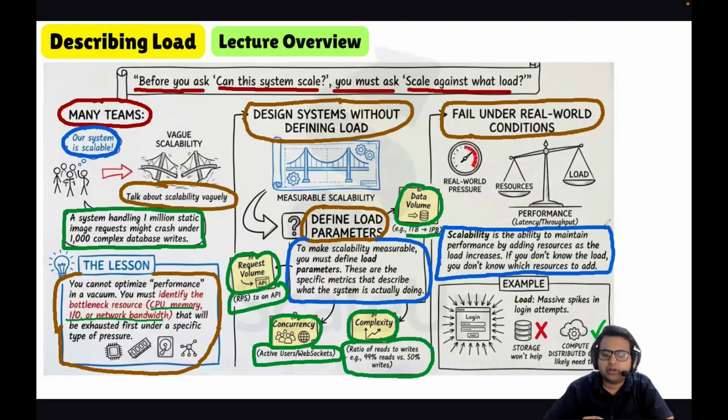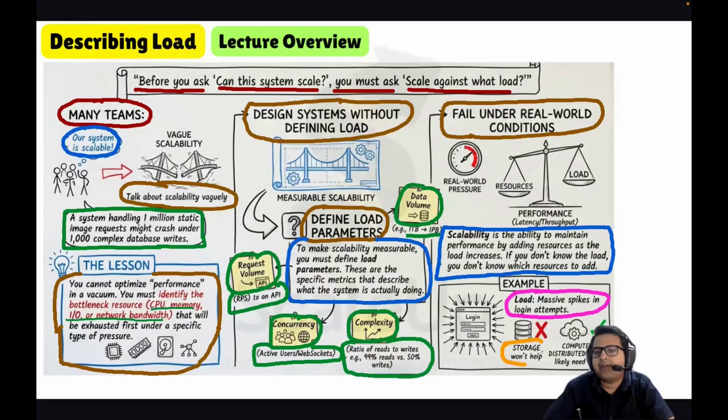For example, if the load parameter is the request volume, like massive spikes in login attempts, in that scenario, storage won't help. If you increase the storage, nothing will happen.